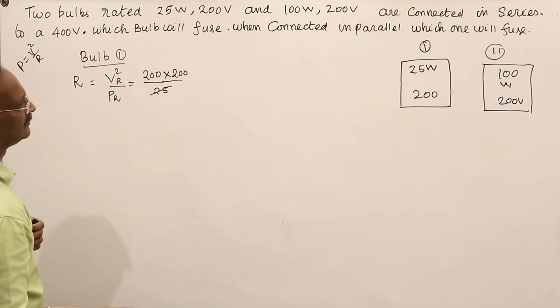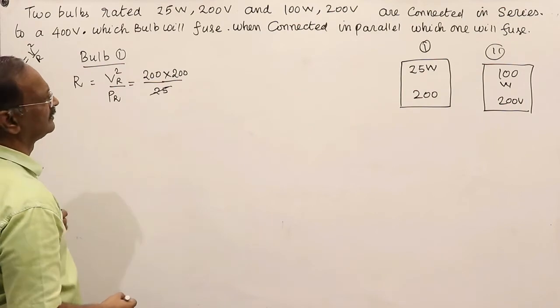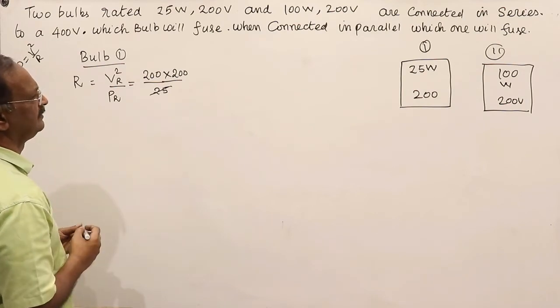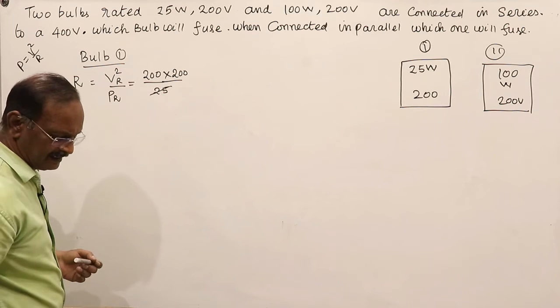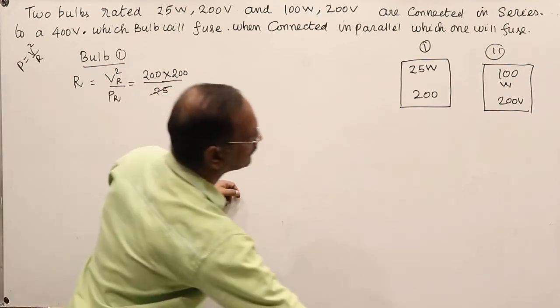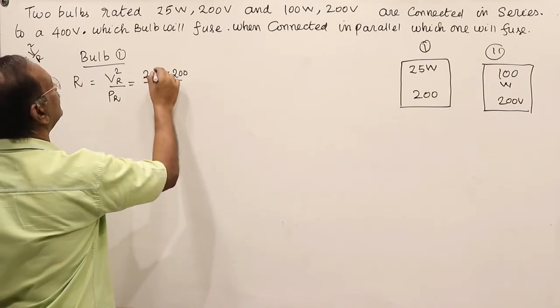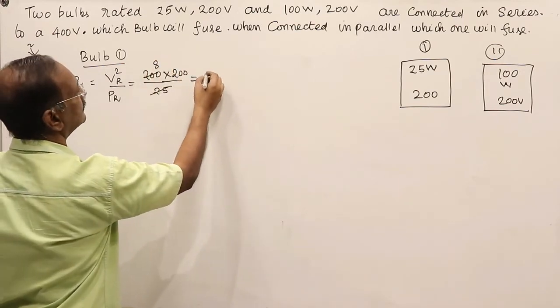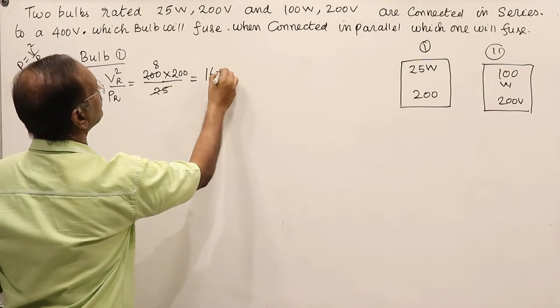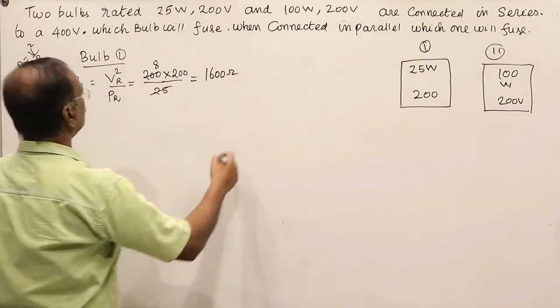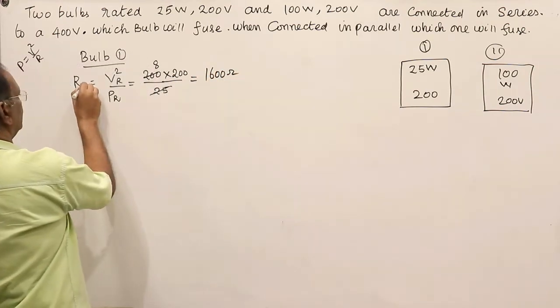First let us calculate R1. 200 into 200 divided by 25 is equal to 1600 ohm, the resistance of the first one.